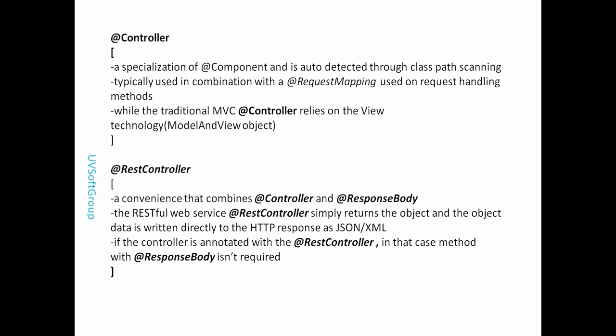So this annotation is really important for us, because we are exposing our domains as a REST API. When you use this annotation in the class definition, you don't need to return the response body, because the annotation covers all of them.